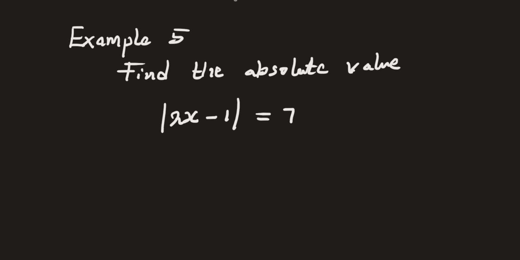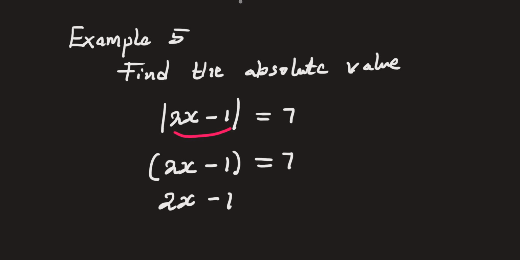So the first thing we are going to do is assume this is positive, and you just put it in parentheses. 2x minus 1 is equal to 7. Now clear the parentheses. 2x minus 1 is equal to 7.